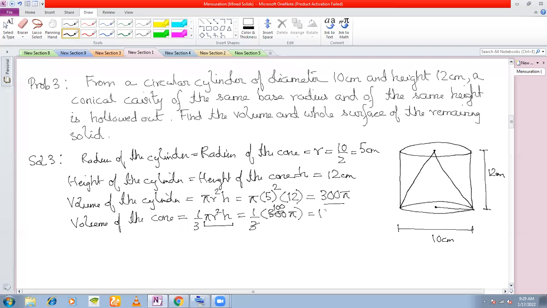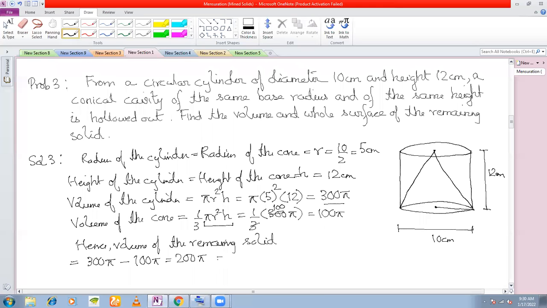You simply get 100 pi. So therefore, the volume of the remaining solid is equal to volume of the cylinder, 300 pi, minus volume of the cone, 100 pi, which is 200 pi.